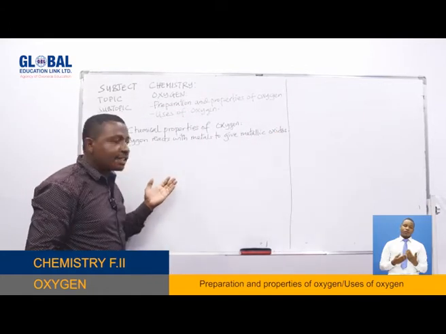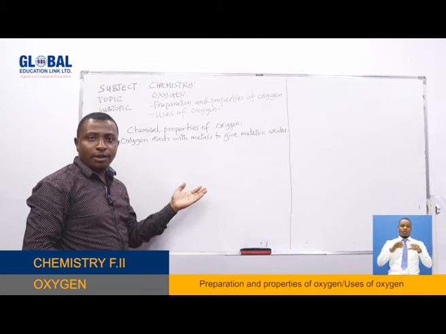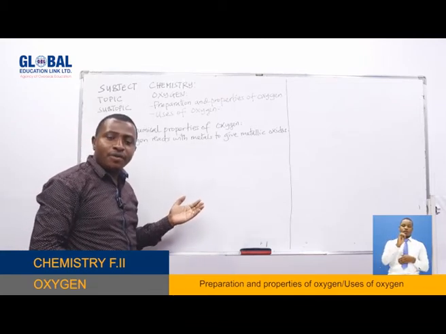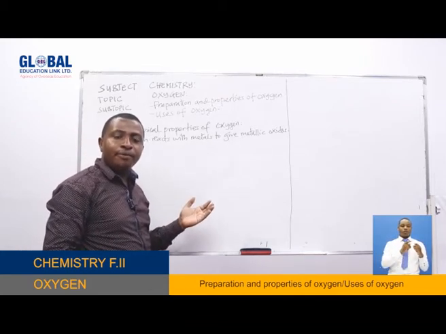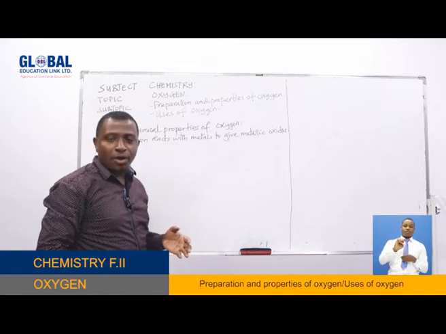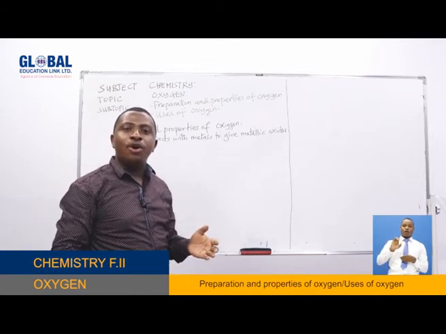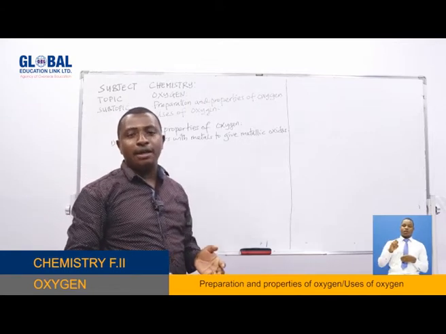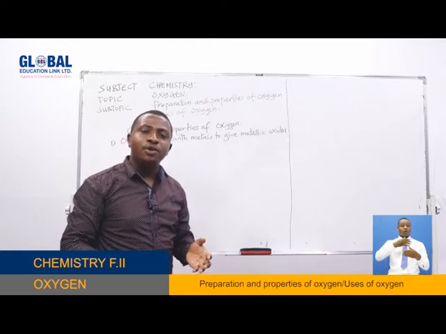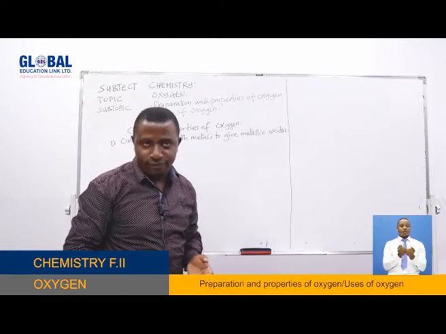This is the first chemical property of oxygen. Oxygen reacts with metals to give metallic oxides. When these metallic oxides are dissolved in water, they form what is known as basic solution.